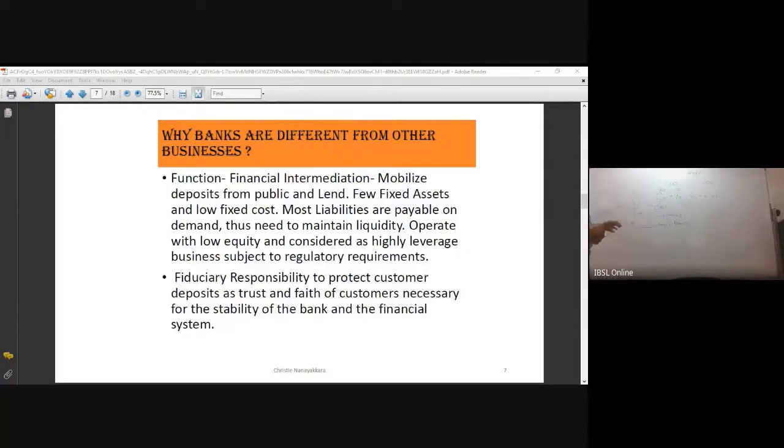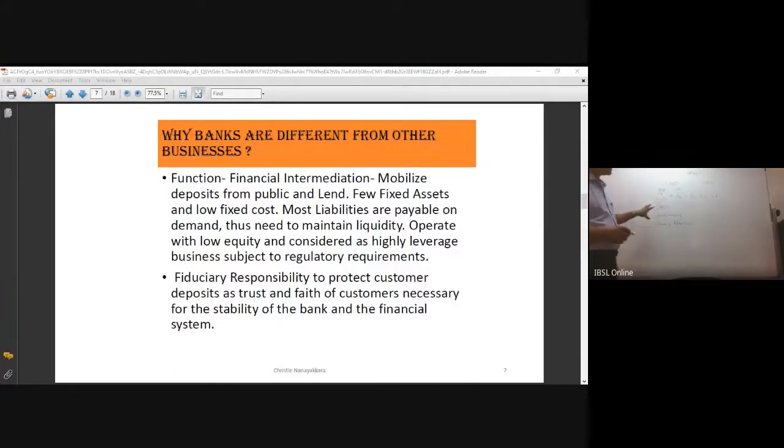So you can see your loans and advances, or the credit you give to your customers, has become a major portion of your balance sheet. In a normal company, they don't lend. They only give credit for a month or so. So banks' position is different. In a normal company, you will have cash.